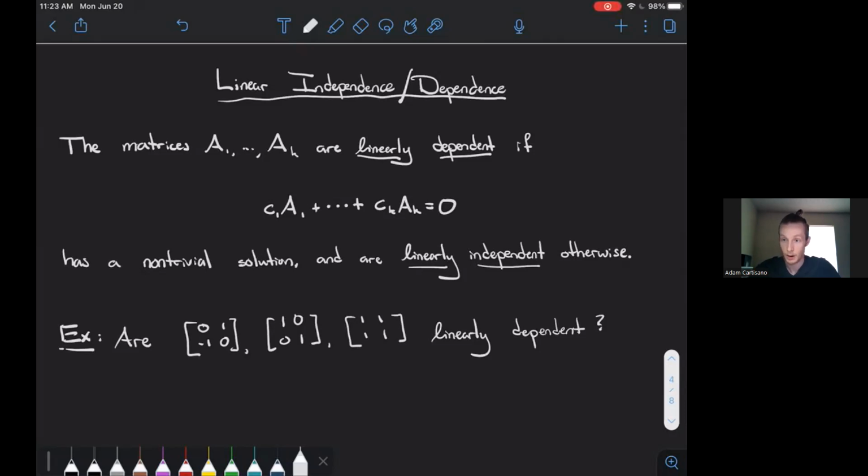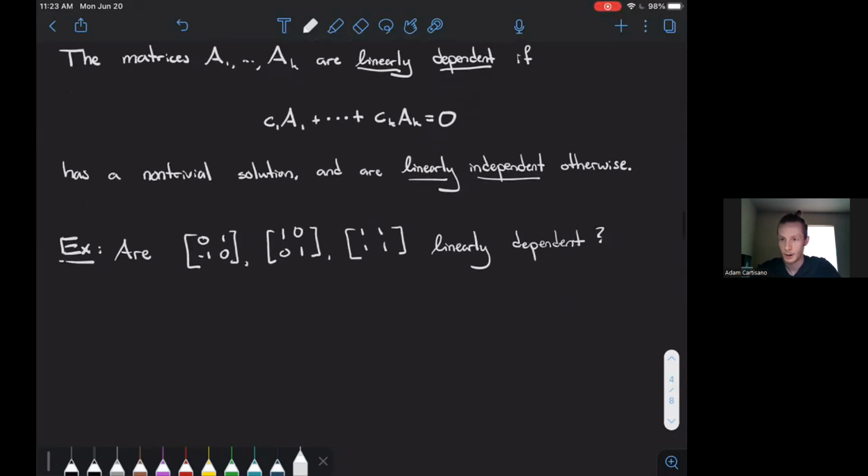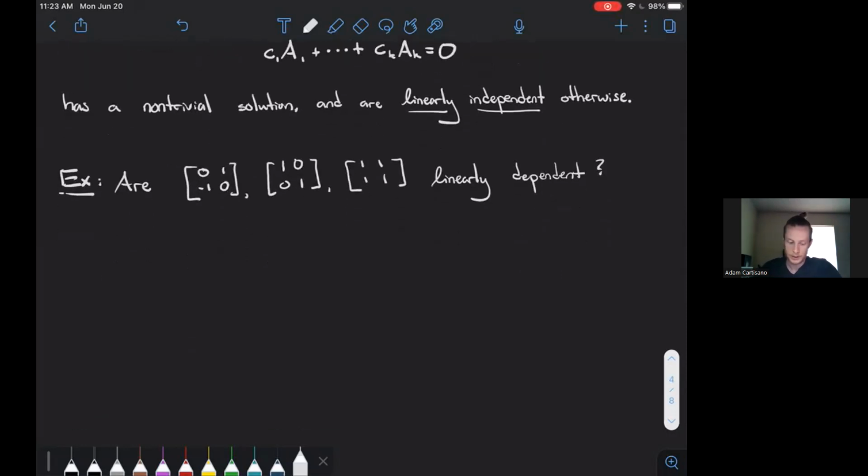So the question is, are these guys linearly dependent? In other words, can we write 0 as a non-trivial linear combination of these three matrices? We know that the 0 matrix is definitely inside of the span of these three matrices.